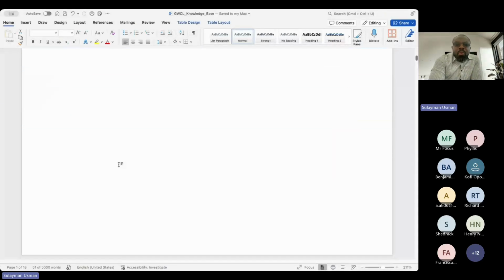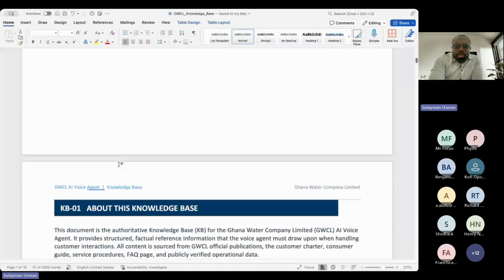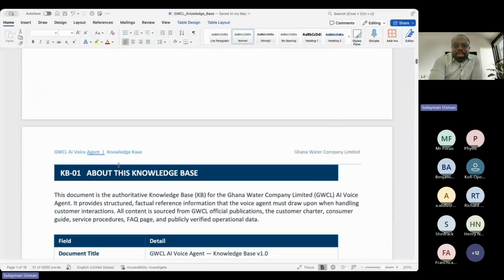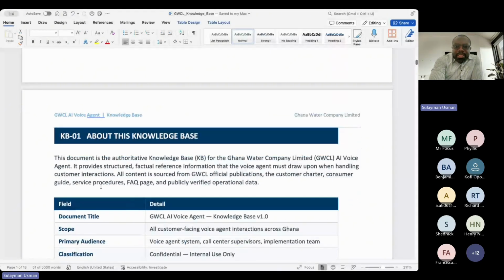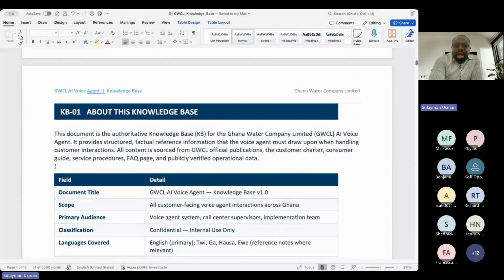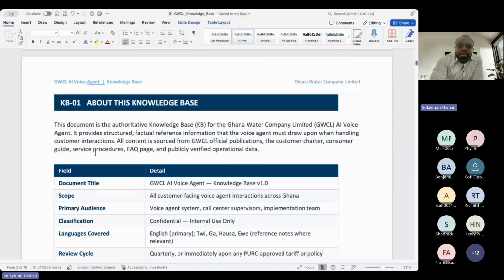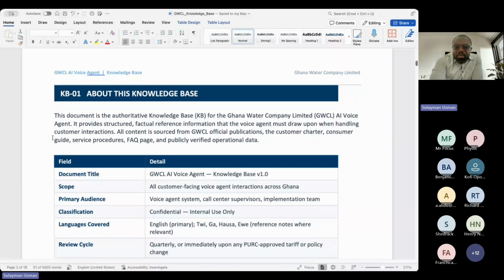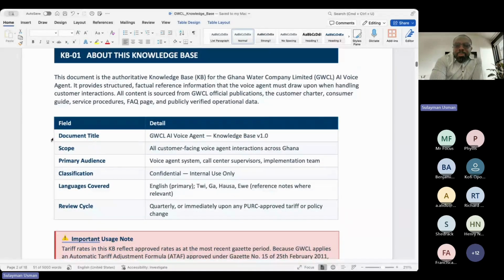So this is the knowledge base that goes deep into details: what the agent can do, how it can interact, what it can say, how it can think. So this is basically the brain. Now we're going to feed our LLM with this knowledge base, the brain, to be able to be the persona that I showed earlier.